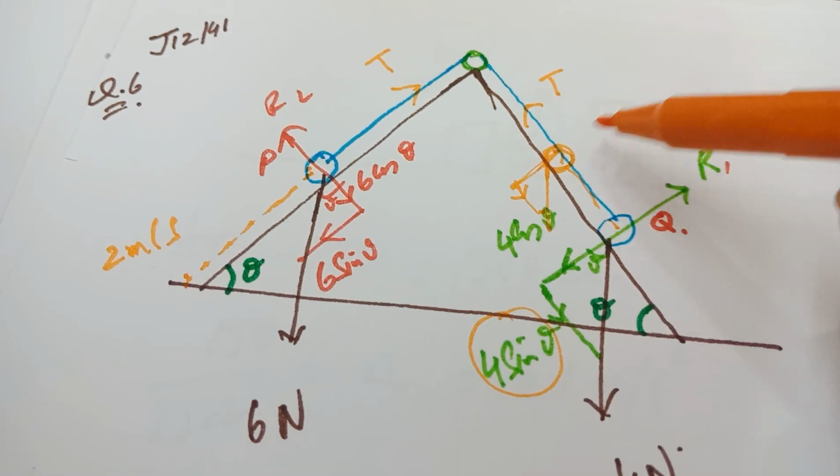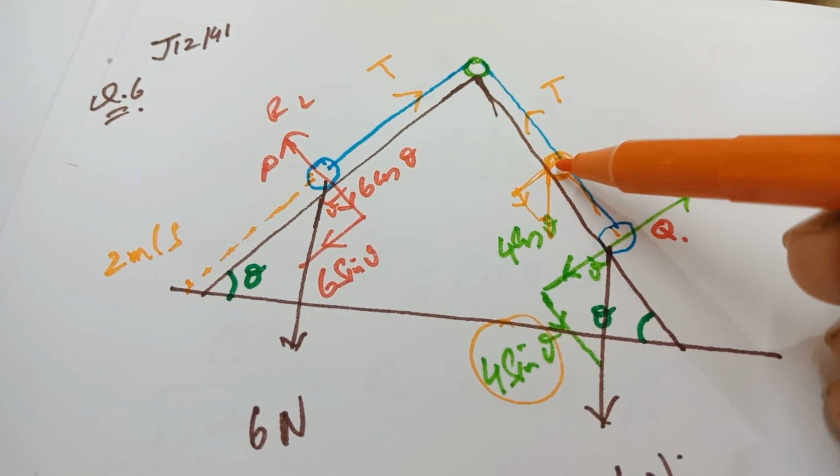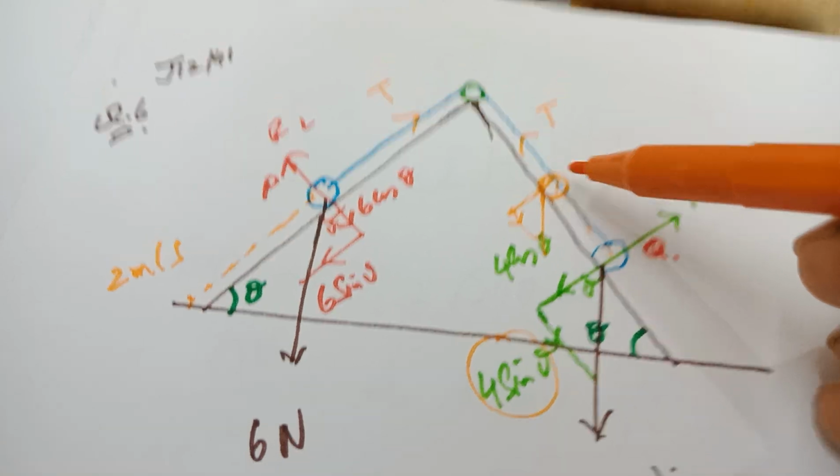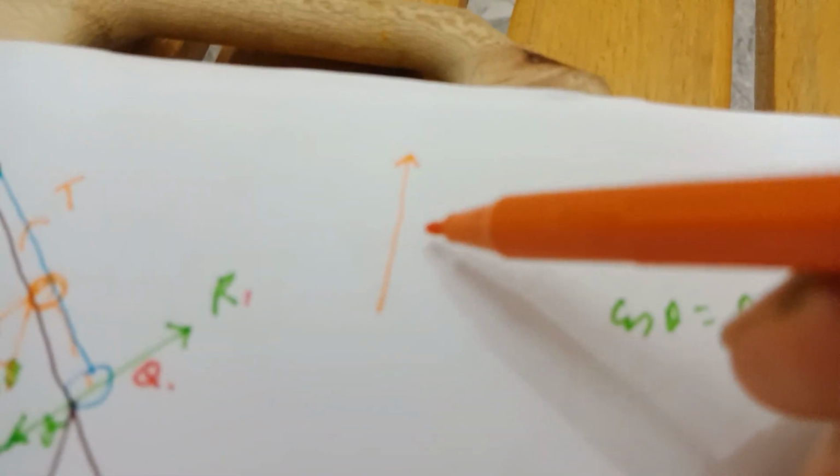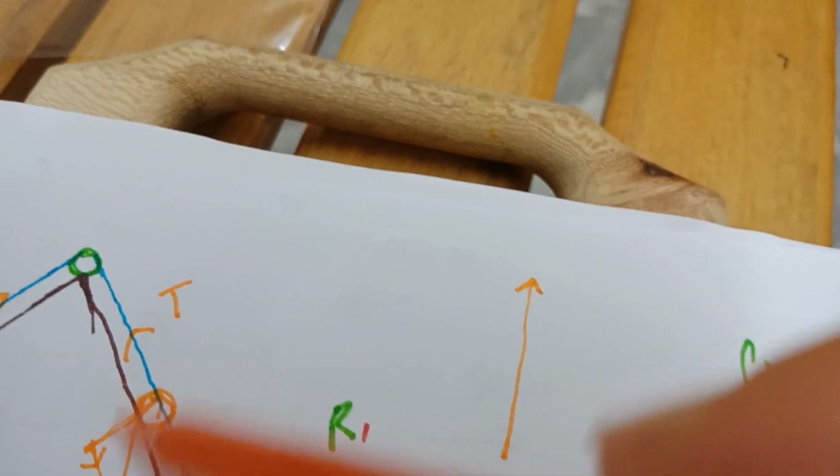So when this motion starts where the string is slack, we need to note that u is going to be 2. That is the speed at which P reached the ground, 2 meters per second. Now for the acceleration: if it was moving upward under gravity, the acceleration would be minus g. But let's forget that and use F equal to ma.